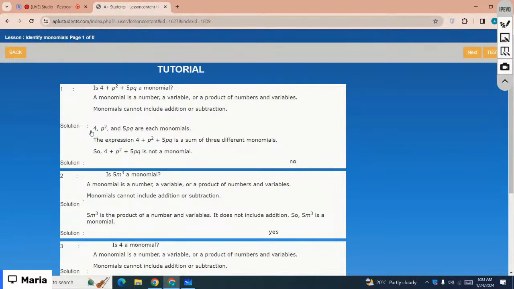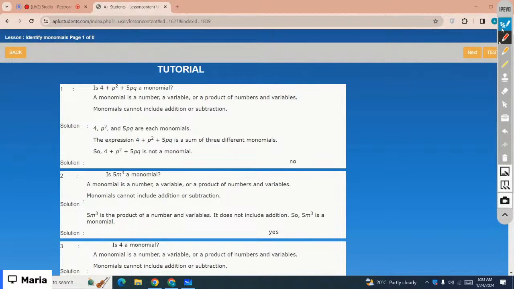A monomial is a number, a variable, or a product of a number and a variable, right? A monomial cannot include addition or subtraction. So this is not a monomial, this is a polynomial, right? 4p square plus 5pq is not a monomial.